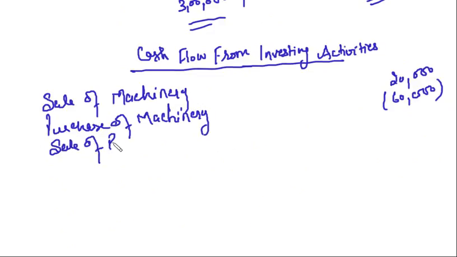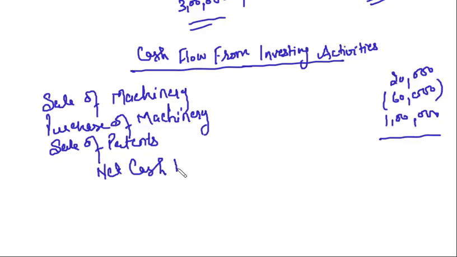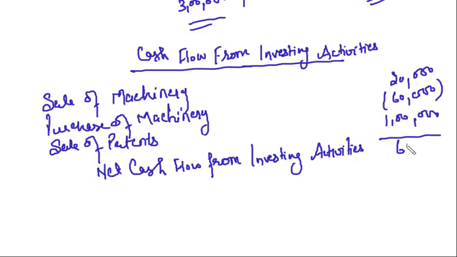So what is the net cash flow from investing activities? So the net cash flow is 60,000 positive.